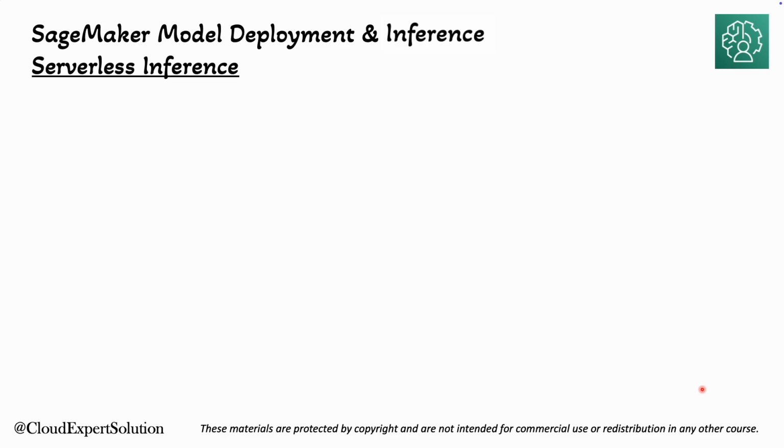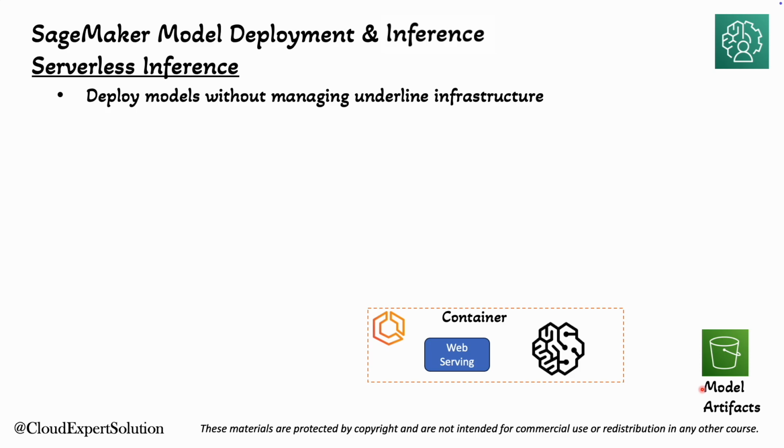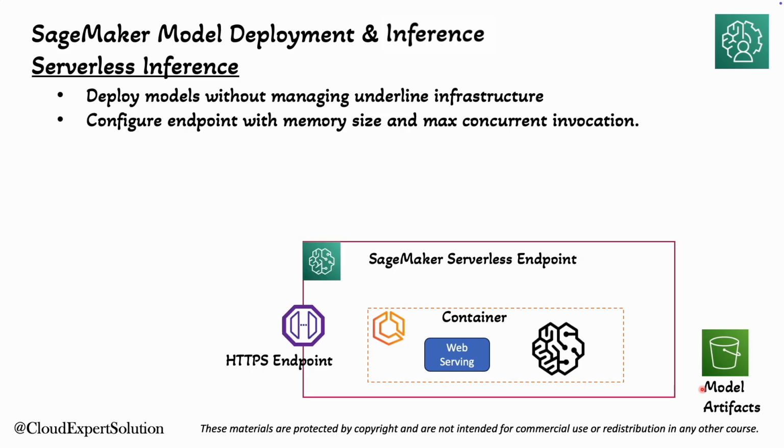Moving to serverless inference. Serverless inference allows you to deploy models without managing the underlying infrastructure. You can create a SageMaker model using the pre-trained model artifacts stored in an S3 bucket. When you are configuring a serverless endpoint, you need to specify the memory size, or the RAM, and the maximum concurrent invocations for your model.